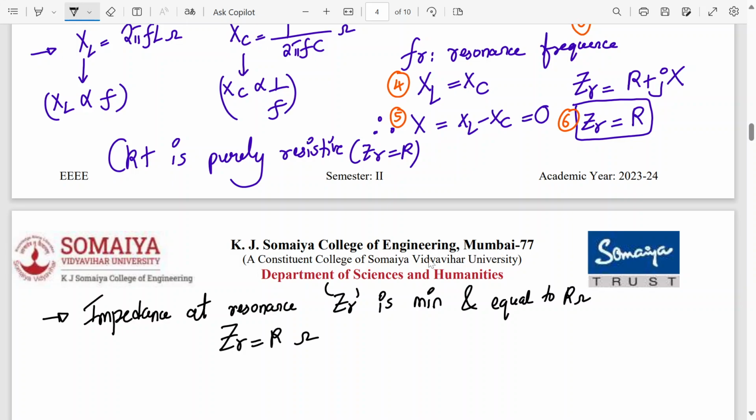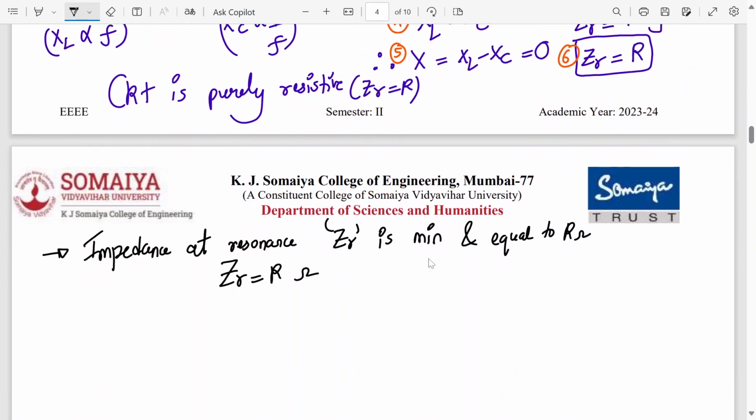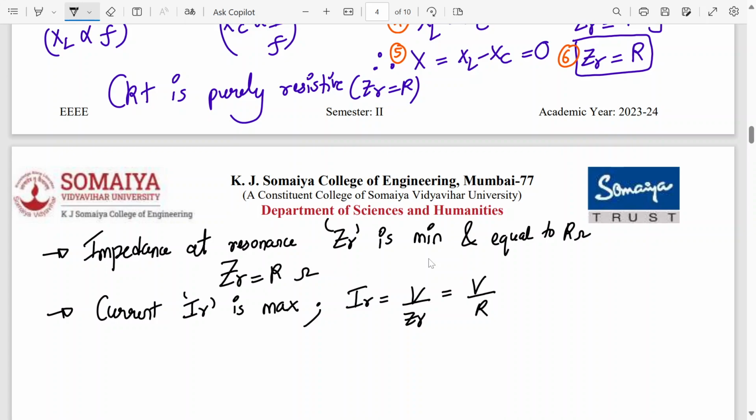So if my impedance is minimum, what about the current? So the current at resonance, IR, is maximum, given by the formula IR is V by ZR, and so it will be V by R. Correct?